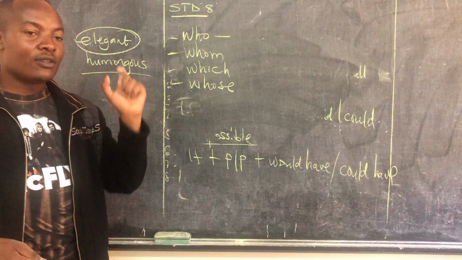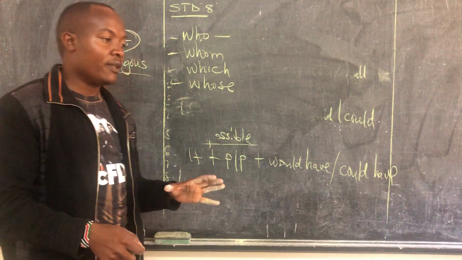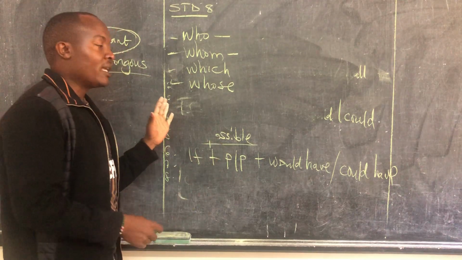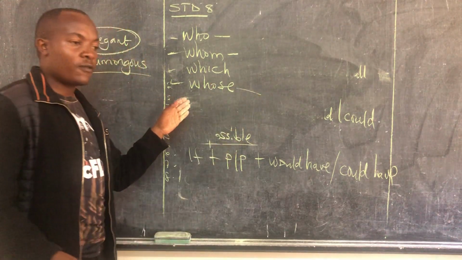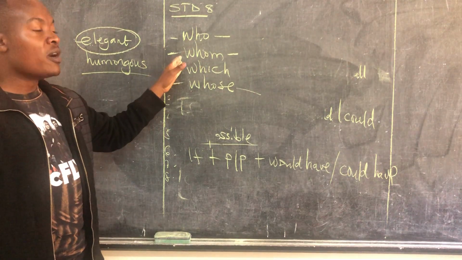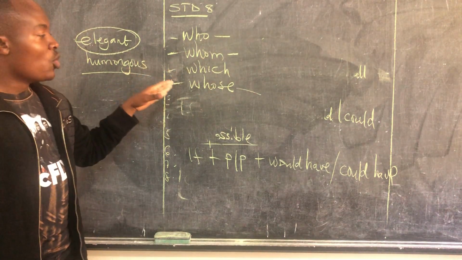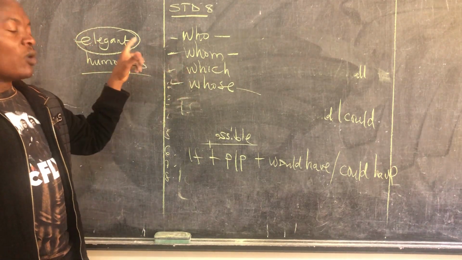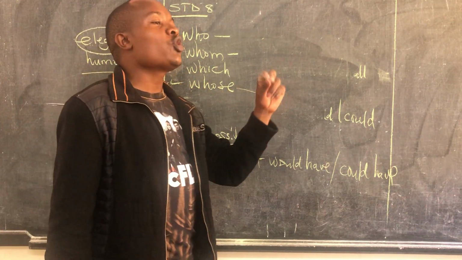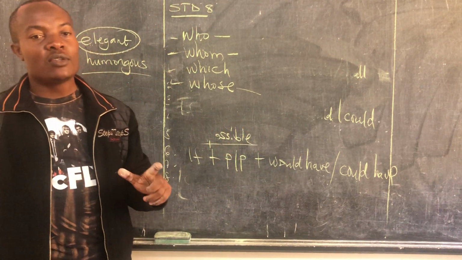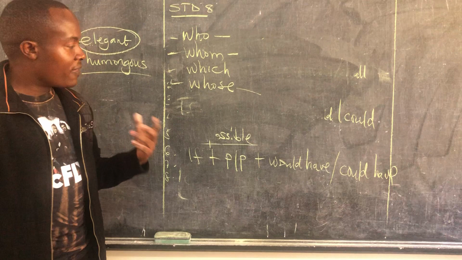But as long as it's not a human, you don't use "who." "Who," "whom," and "whose" are used for human beings. We can say, who is in class, whom did you send, whose book is that. Then under "which," an item, say the stick which was broken, or the stick that was broken. So "which" is used for non-living things.